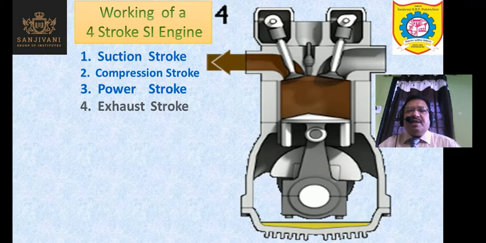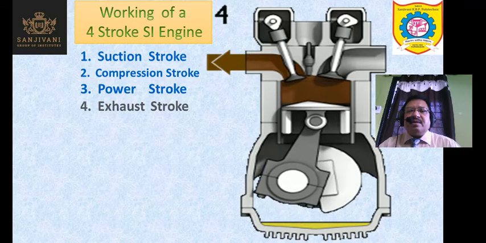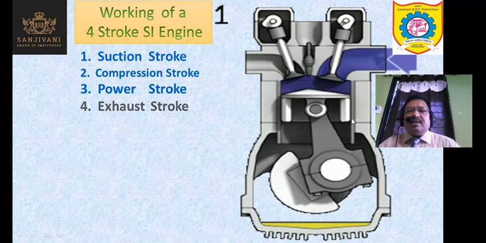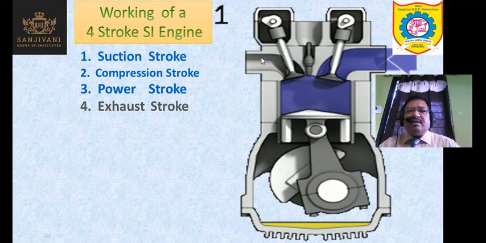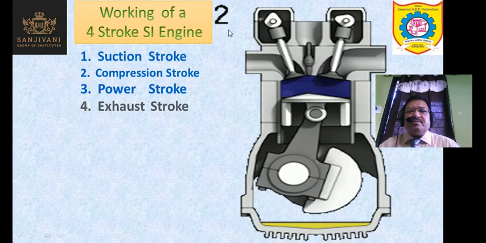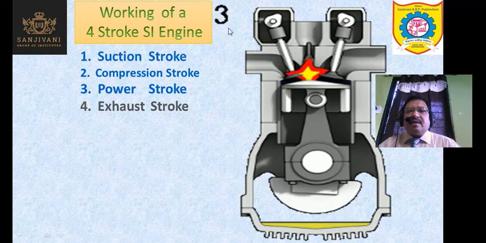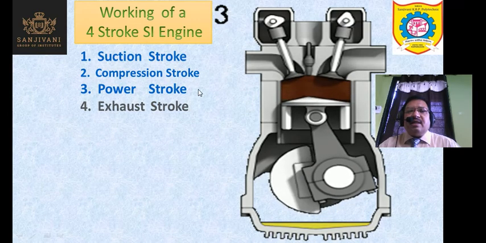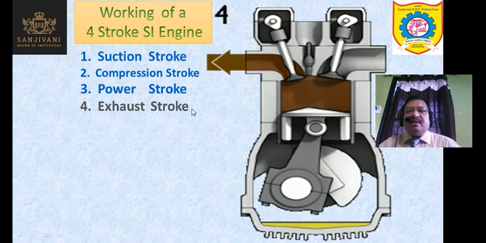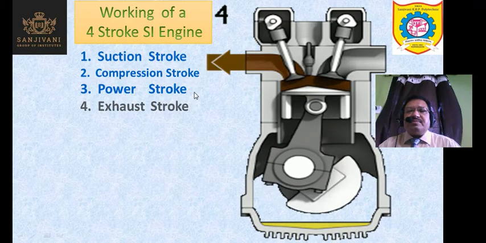So look at the various strokes. This is the exhaust stroke going on. Now this is the suction stroke going on. 1 suction stroke, 2 compression stroke, then the spark is produced, then 3 power stroke, and 4 is the exhaust stroke.